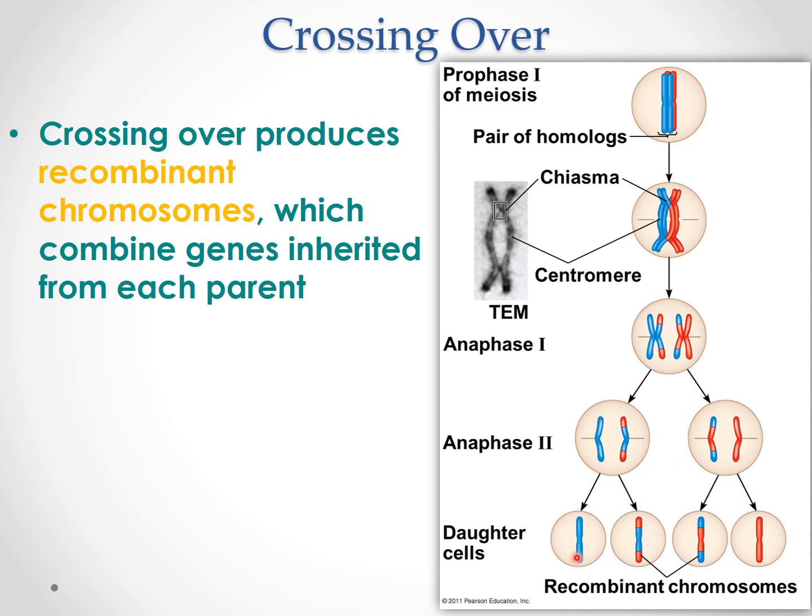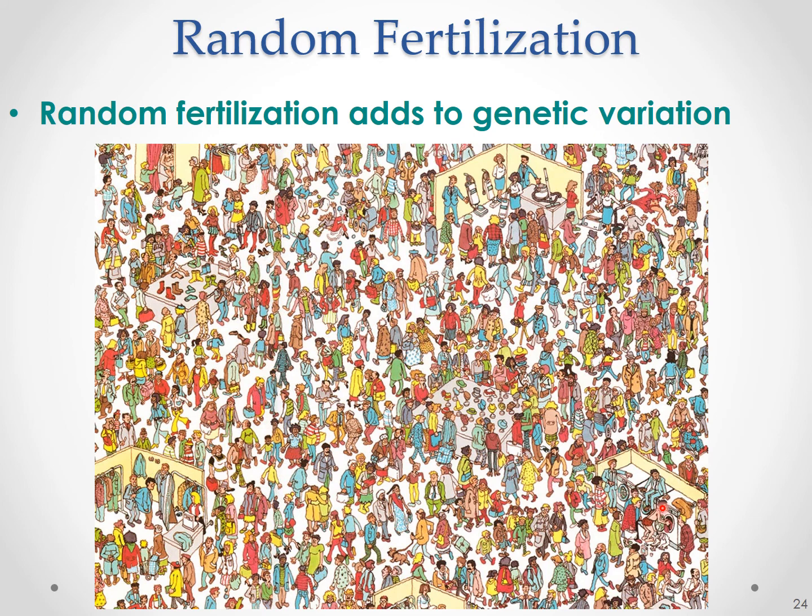So there are different combinations of all these changes and mixing up of genes and alleles, so that we have these different gametes. Now, you have billions of choices of sperm and billions of choices of eggs. Which ones come together increases variation even more. This is called random fertilization.